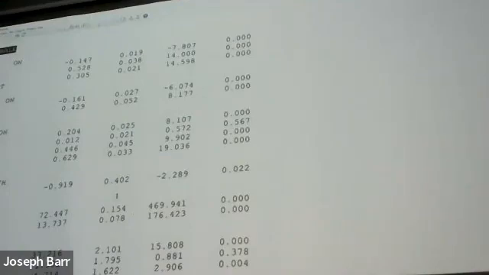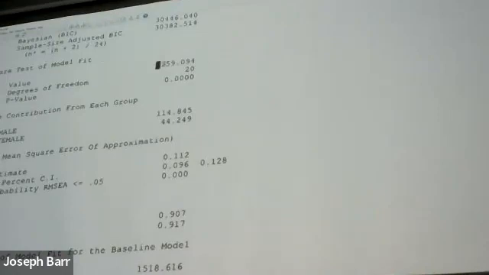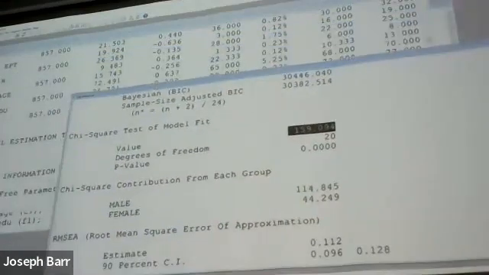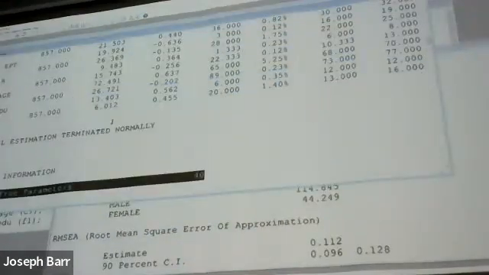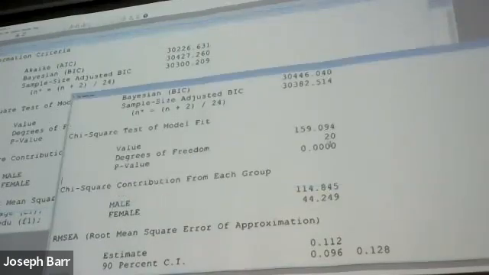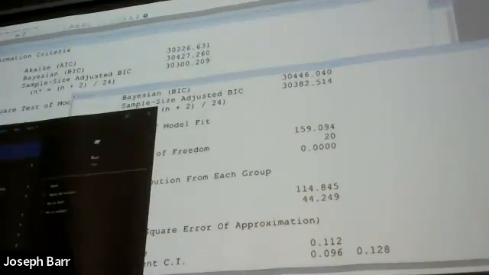So let's look at the chi-square values. These are previous chi-square values. Almost 160. What about the previous model? Okay, good. Then the difference is here, and the difference in the degrees of freedom is 20. So what's the chi-square value for 20 degrees of freedom? So let me just do.